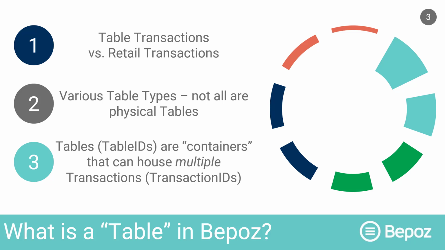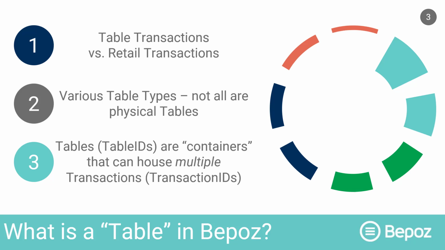Table transactions, on the other hand, can be saved to a table, and I use the term table loosely here, but that'll make more sense soon. And table transactions can have loads of other data that is not collected or stored for retail transactions. We'll get into some of that later.